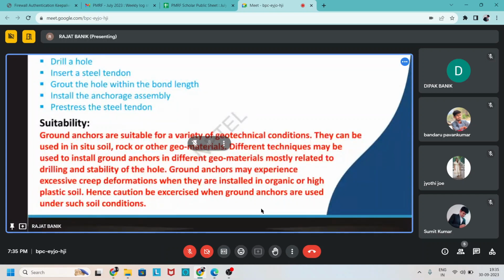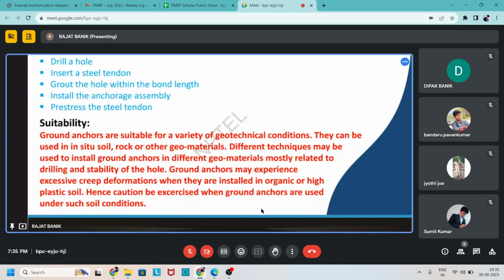Ground anchors may experience excessive creep deformation when installed in organic or high plastic soil. Hence, caution should be exercised when ground anchors are installed under such conditions. So these ground anchors are mostly used for different types of soil, rock materials and different geometries, and care should be taken of the creep deformation.